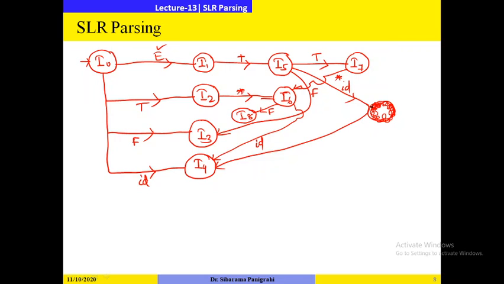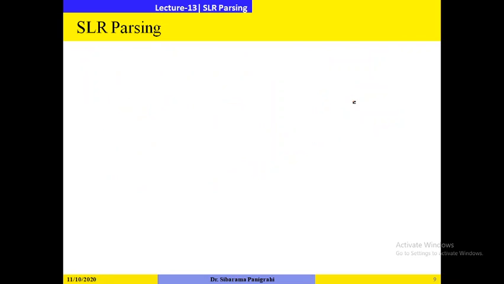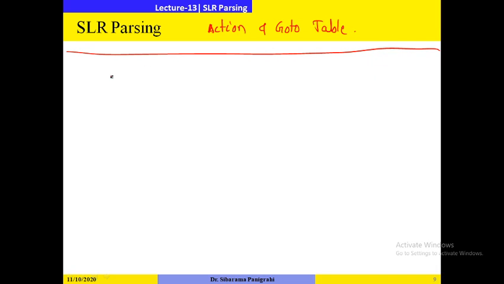And by using the SLR parser, how can you construct the X1 and Goto table? Let me explain. Here, from I0 to I8 there are 9 items, so I have to draw 9 plus 1, 10 rows.